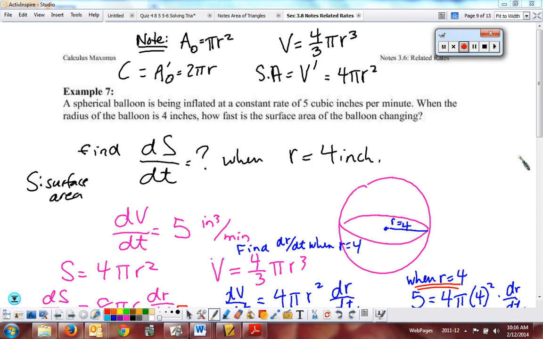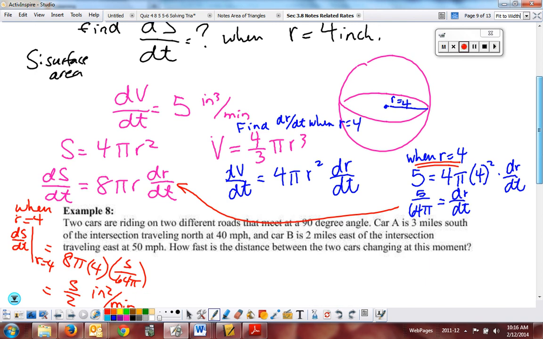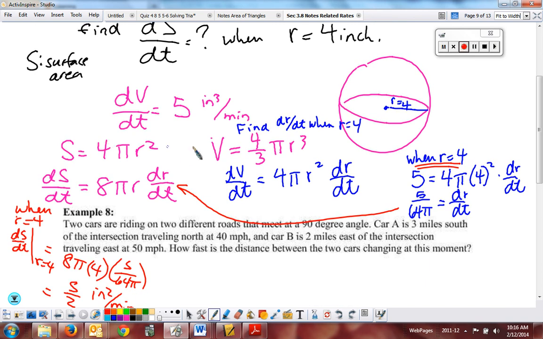So you actually had to use two equations and either combine them together into one equation, that's option 1, or option 2, find the dS/dt formula and then find the dr/dt using the volume formula. So you had a two-step process in this problem. All right, were there any questions on example 7?